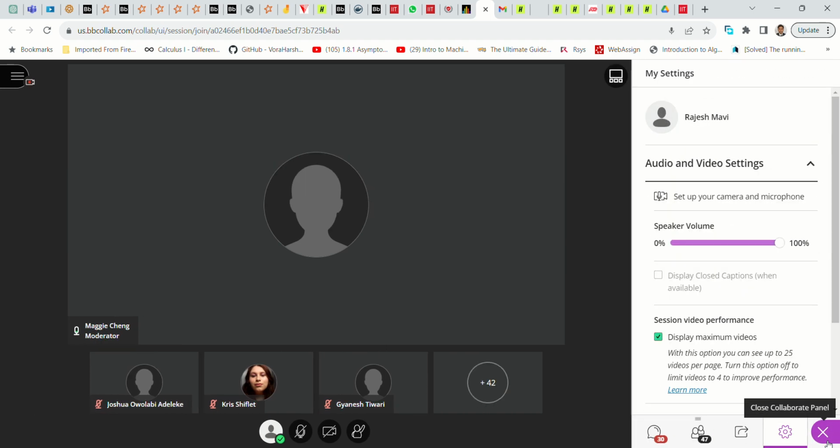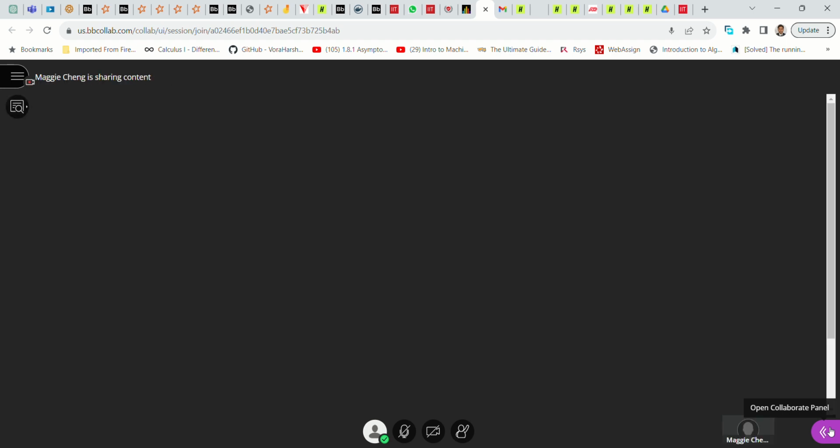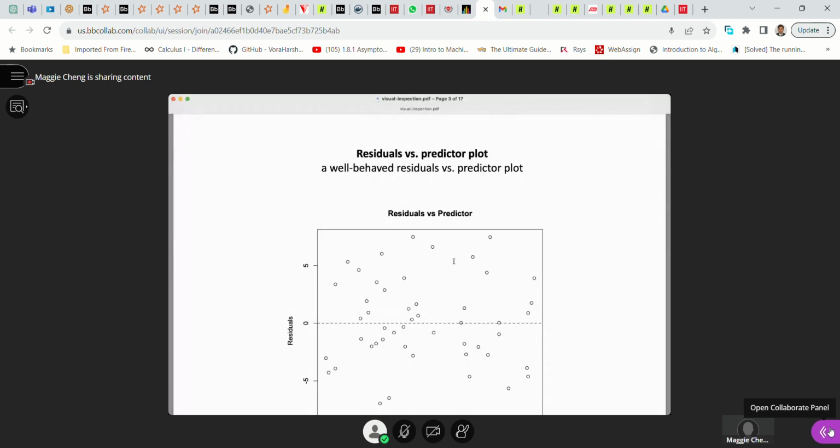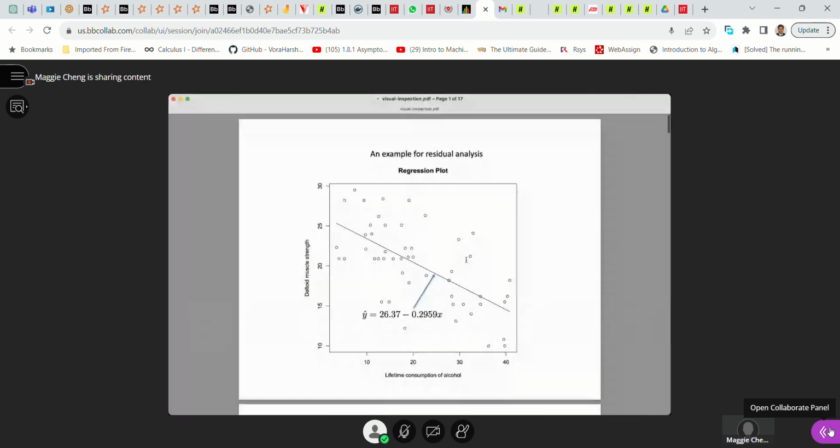This is a set of slides I posted this morning. You can look at them from your own screen if you have it. All right, so what does a normal plot look like?